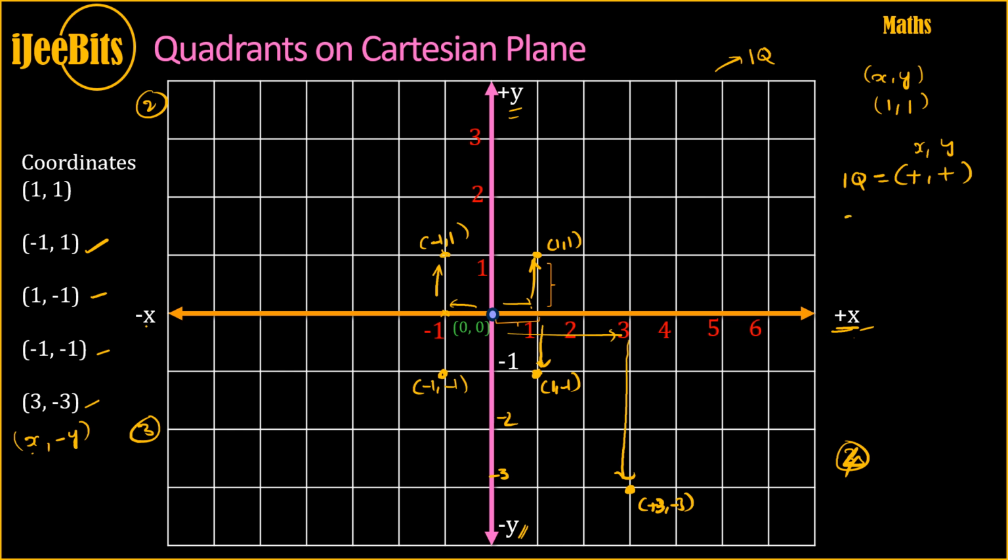Okay. In the second quadrant, my coordinates are minus x, plus y. In the third quadrant, my coordinates are minus and minus. Fourth quadrant, my coordinates are plus x, minus y. So x positive and y negative. This is how you can remember.